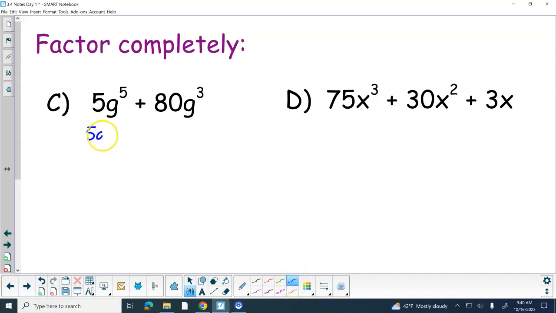Greatest common factor would be 5g cubed. That would leave me with g squared plus 16. Can g squared plus 16 be factored? Why? How?